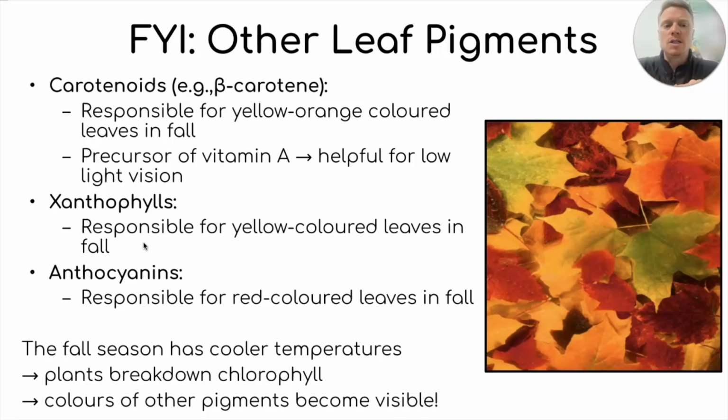So we start to see the oranges and the reds and the yellows underneath the greens that were being reflected so much. So that's why we see the change of colors go from green to yellow to red in the fall time. It's because the plant is preparing to go to sleep for the winter, it's preparing to become dormant, and it stops producing its chlorophyll A and chlorophyll B.